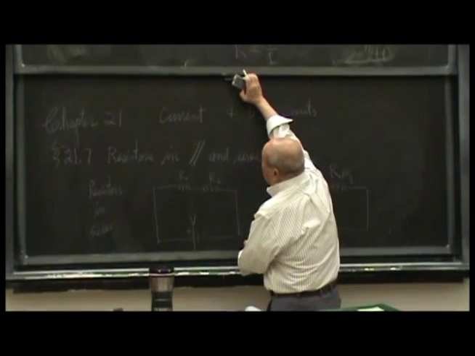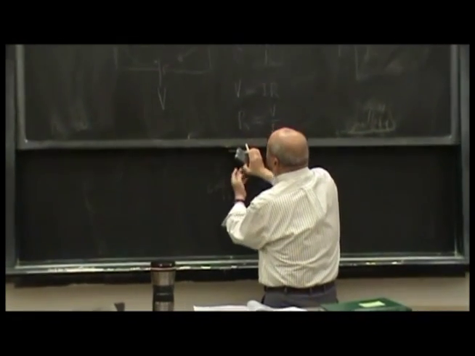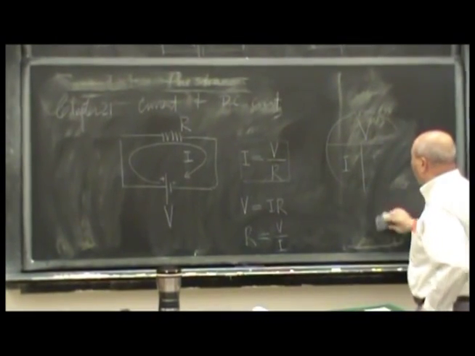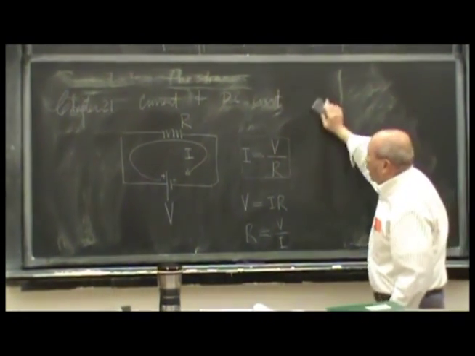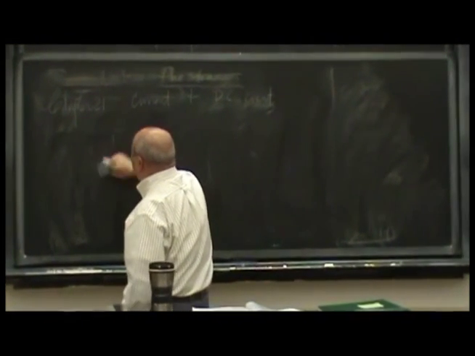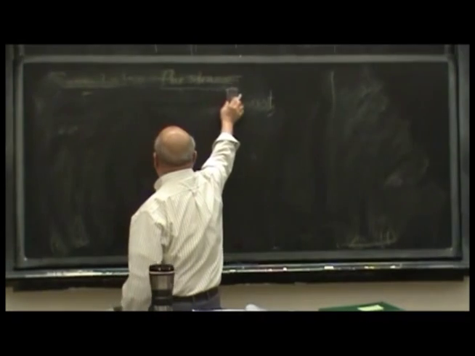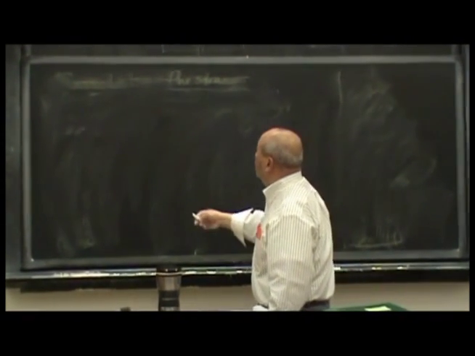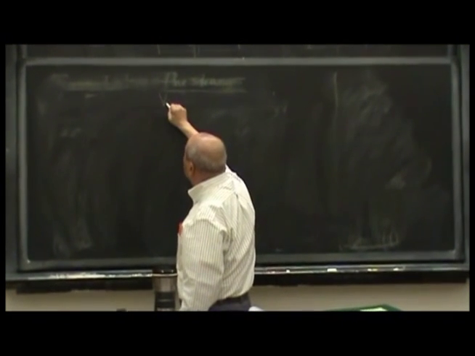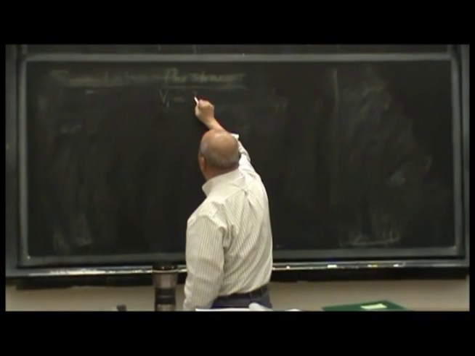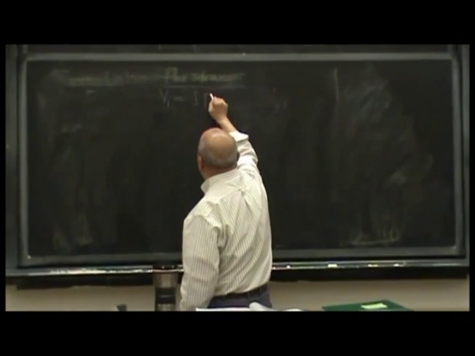So when we're finding this R equivalent, we have to figure out the voltage drop across the resistor R1, which is considered as V1. V1 is equal to the current going through it times R1.